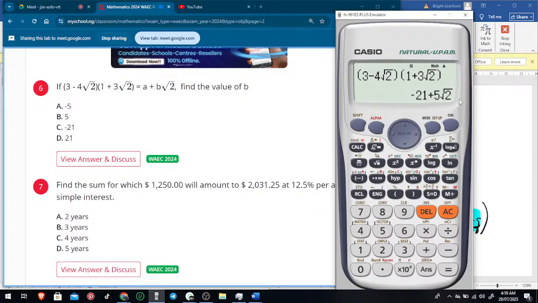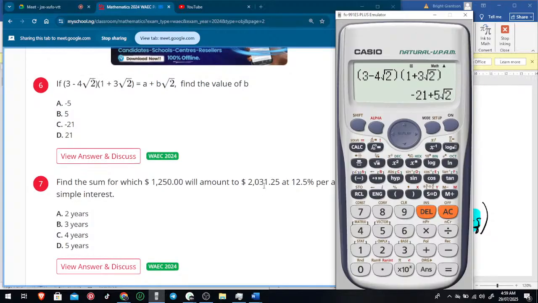If you compare, the b is 5. Do we all see that comparison? Yes. I hope you understand.